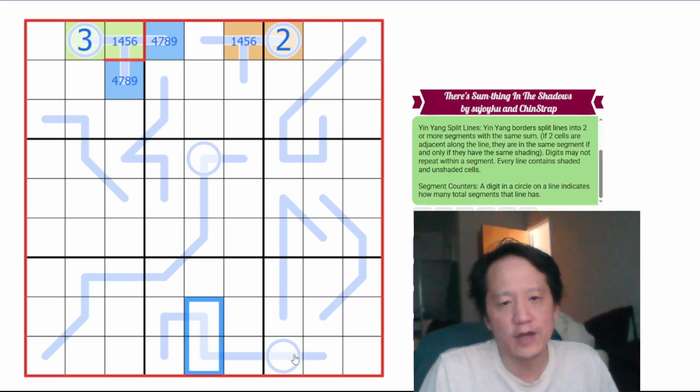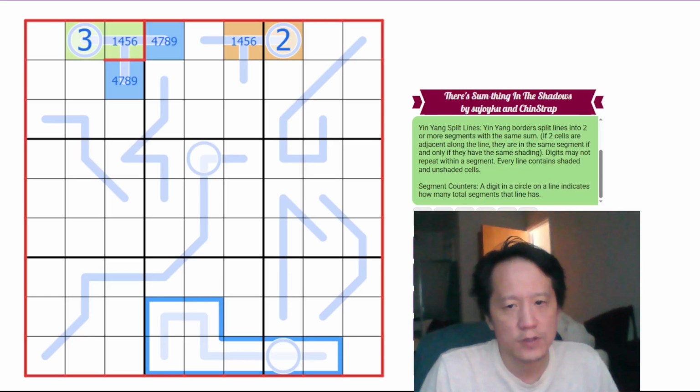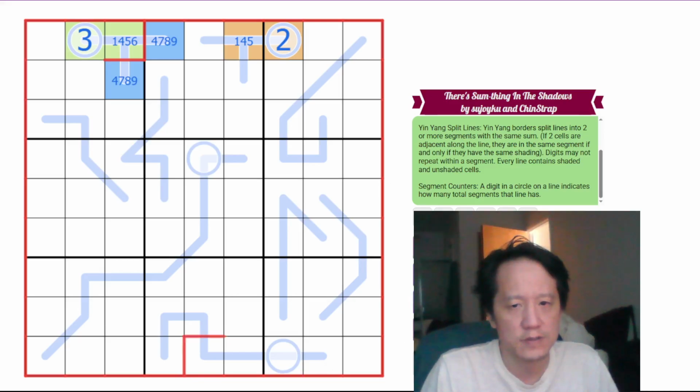So I think that means this is guaranteed. Since this can't be 2, where you could break it up like this and this would make a valid split line. Anyways, that wouldn't work because it would have to go something like that. I think this line is forced to basically have a boundary somewhere along here.